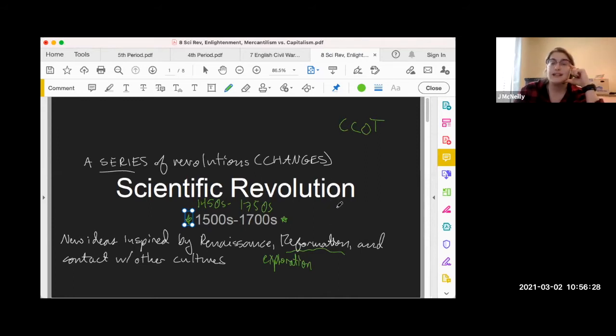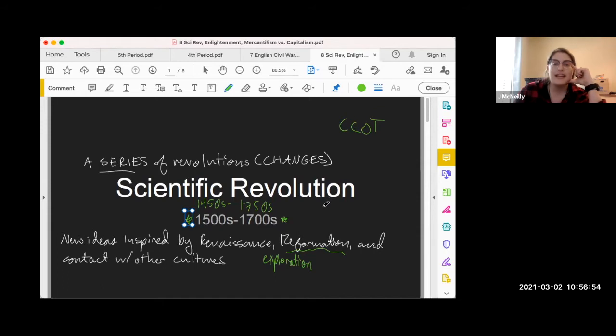Okay, but they don't have that power post-Reformation, because noble princes and lords and just regular people have been breaking off from the Catholic Church to follow the Protestant religion. Okay, so that means that more people are going to start challenging the ideas of the church and how the world works, thus leading to the scientific revolution.